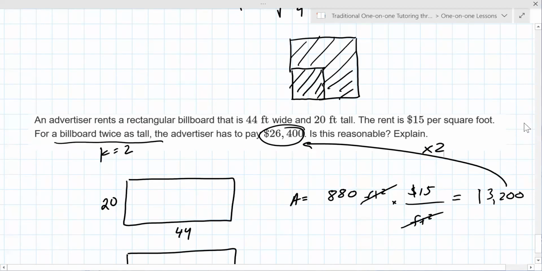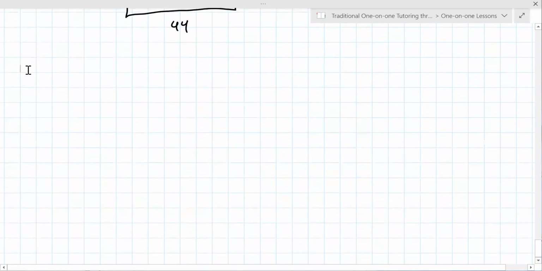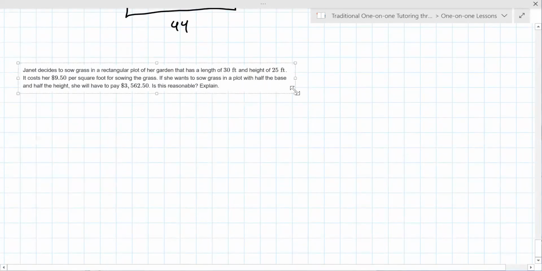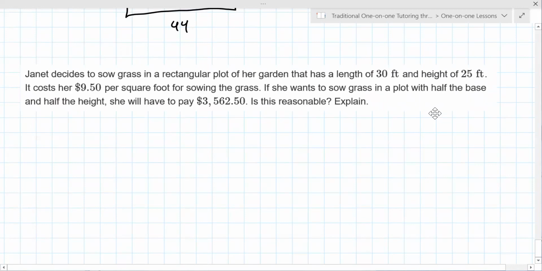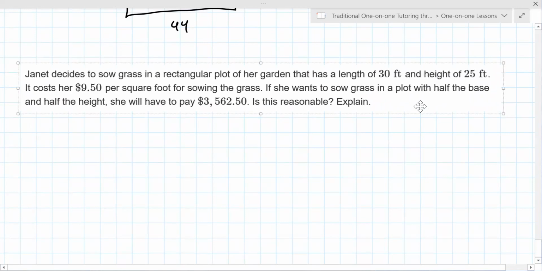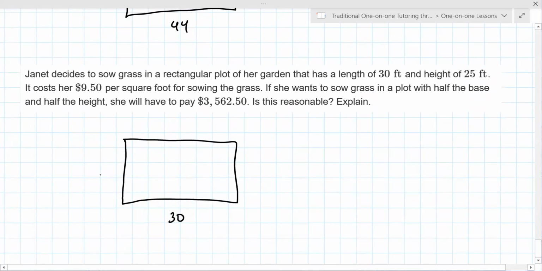Okay, so we're going to look at another example here. These are actually quite useful questions, I think, because a lot of the times the perception is, oh, if it doubles, then it must double, but it's not always true. Sometimes it's the square root of that number. Okay, Janet decides to sow grass in a rectangular plot that's 30 and 25.